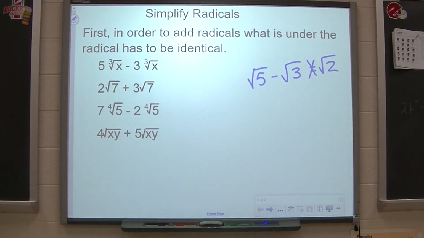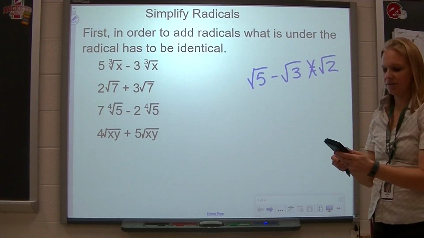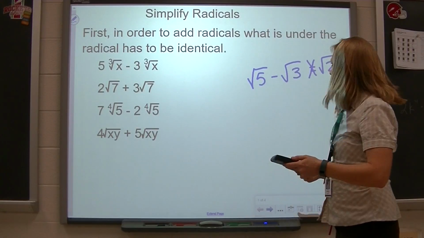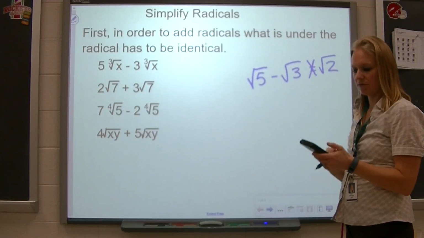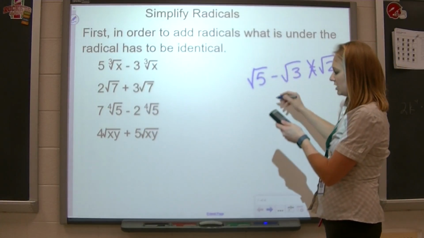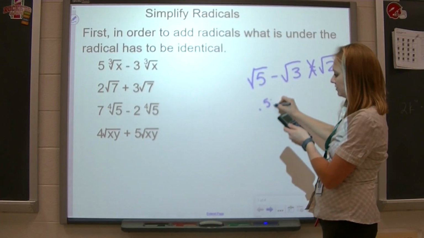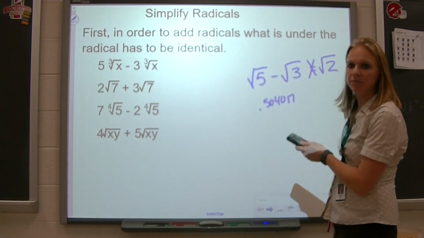To show you, in my calculator, I can do the square root of 5, I get about 2.236, and I'm going to subtract the square root of 3 from it. So the square root of 5 minus the square root of 3 gives me about 0.504017.